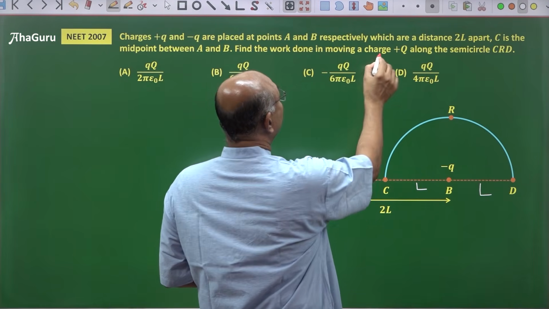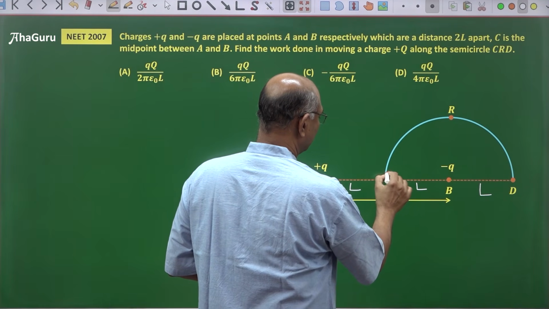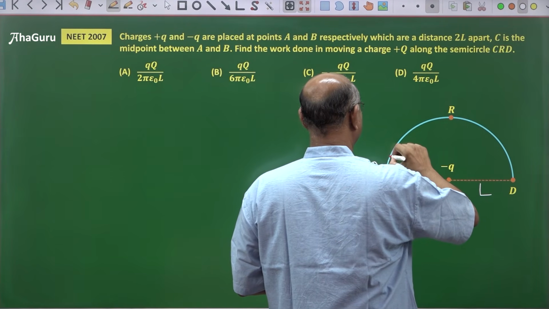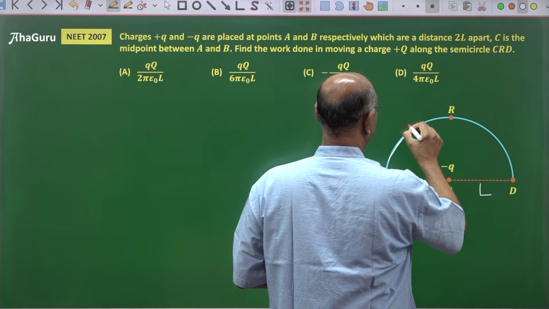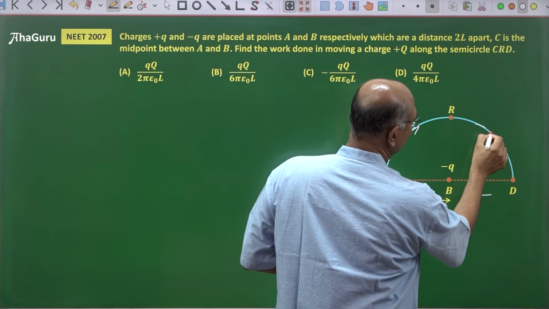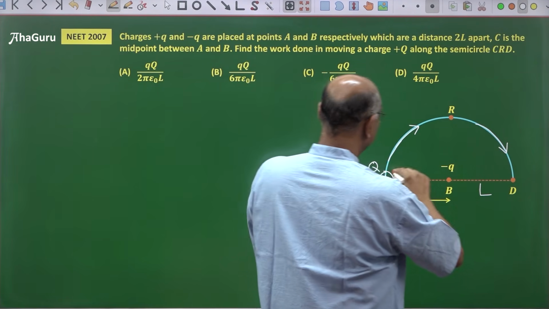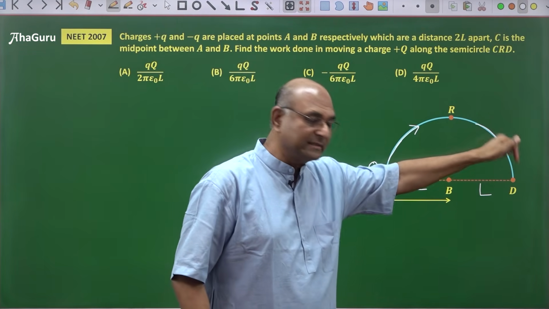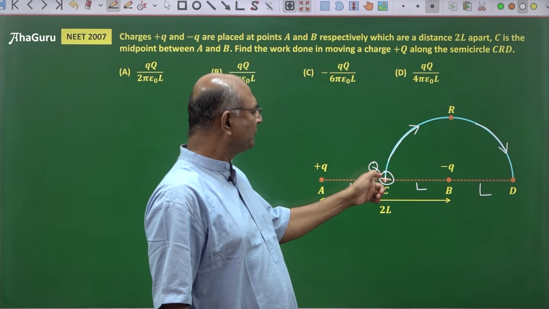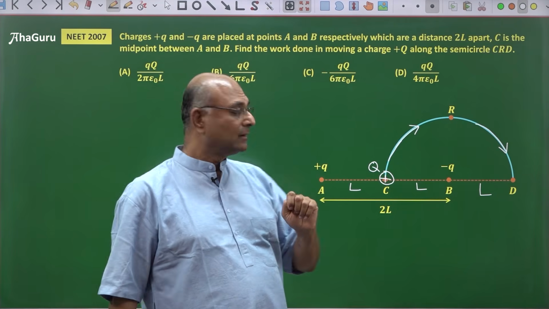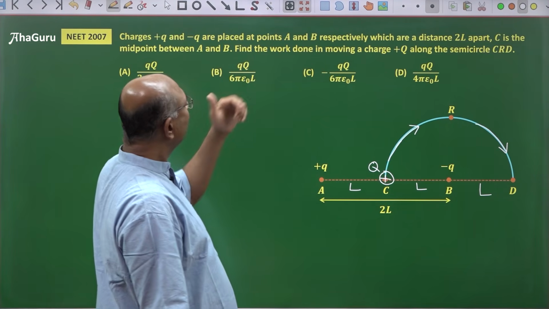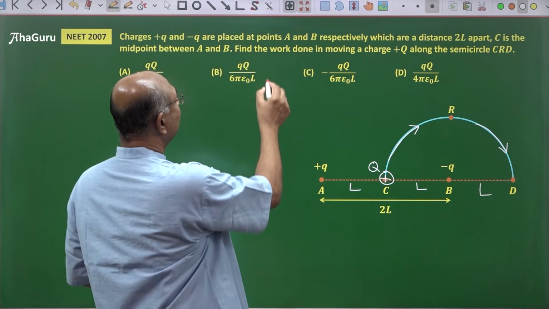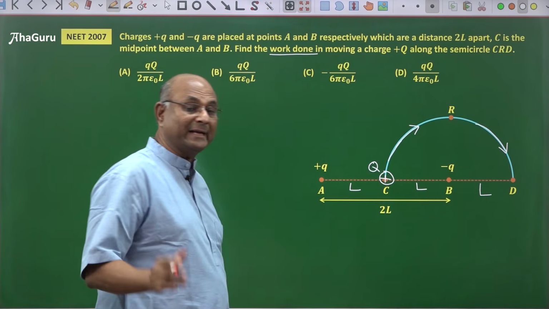And so this plus capital Q charge is going to move like this and go to D. So we're going to move this plus Q along CRD like this. Basically, if Q moves from here to there, why will work be done? Whenever we say work done, we always talk about work done by an external force.